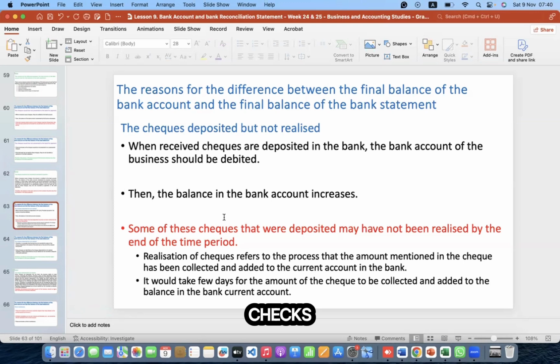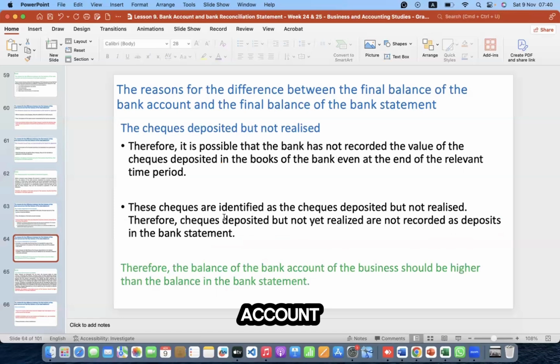Some of these checks that were deposited may not have been realized by the end of the time period. Realization of a check refers to the process where the amount mentioned in the check has been collected and added to the current account in the bank. It would take a few days for the amount of the check to be collected and added to the balance in the bank account.